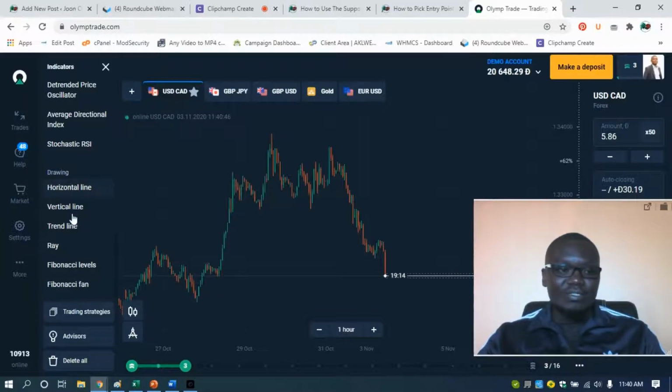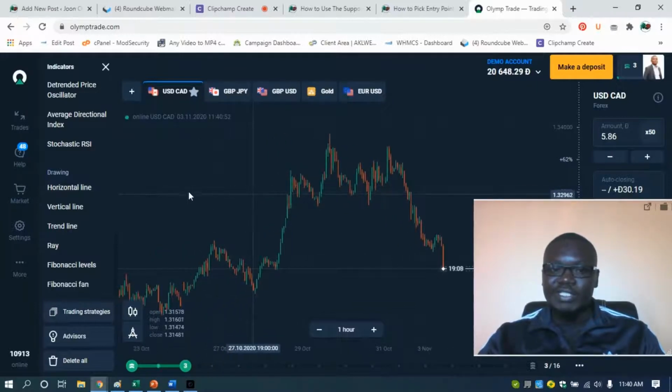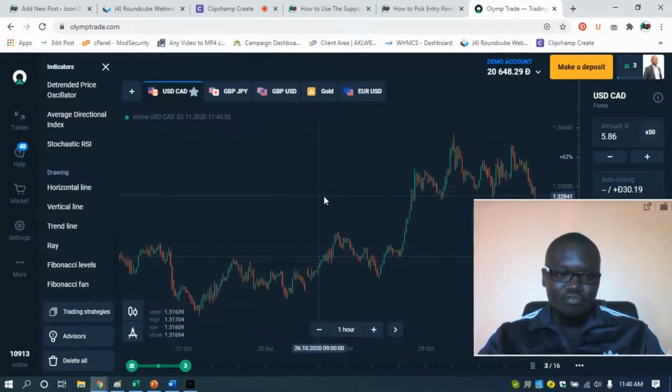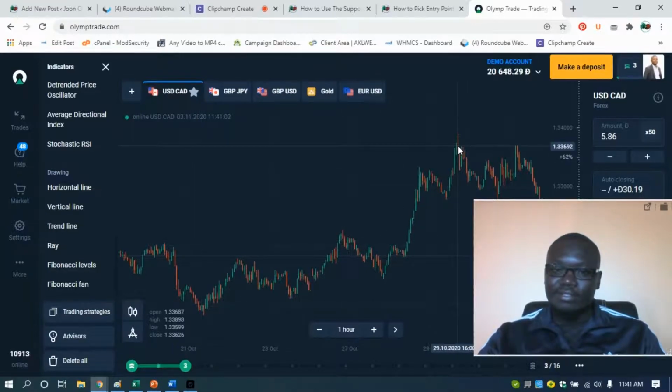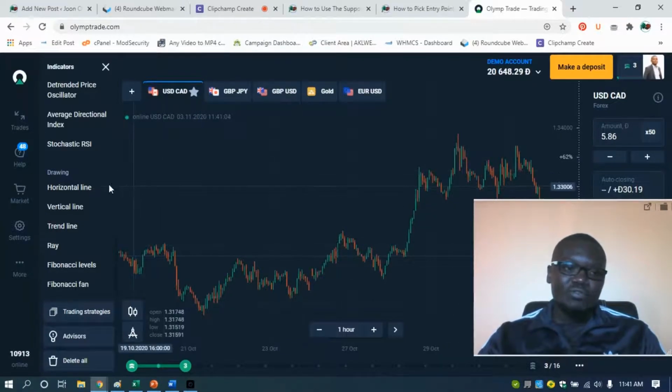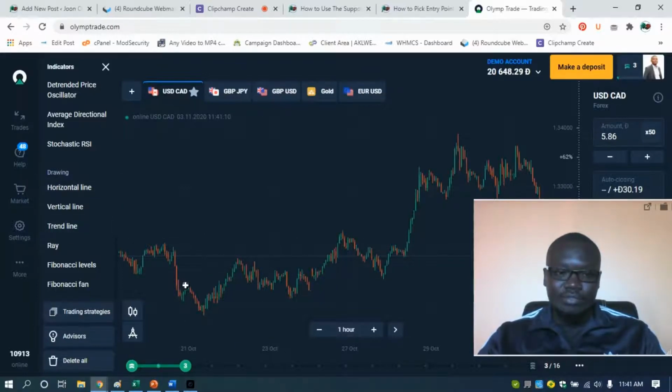All these tools that you see here can help you to understand and draw your support and resistance levels successfully. For example, like we've already seen, there is an uptrend on this side here. So if we wanted to draw a support and resistance level here, we could easily take the trend lines and draw from this level going upwards.